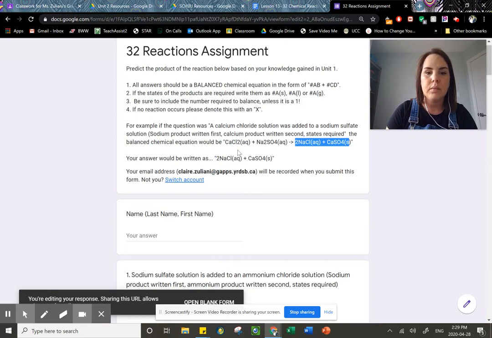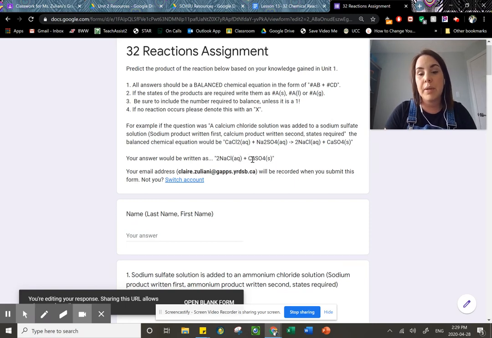So my answer is going to be written as the number 2 without a space, NaCl without a space, and then put the states, aqueous. It even specifically said in the question, states are required. Then I am going to put a space in between the plus and the end of my aqueous.